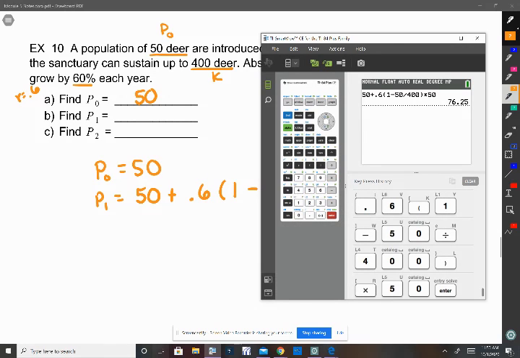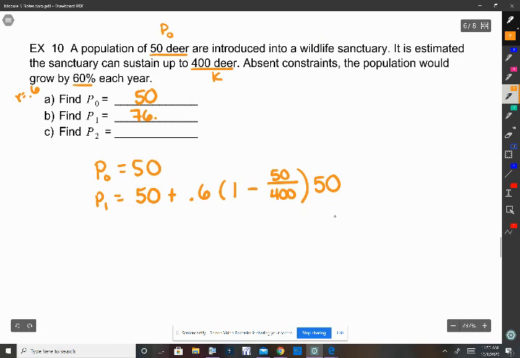So that means that you have 76.25. If you're talking about real animals, then you would say 76, because you can't have a fourth of an animal. But when you're calculating it into your calculator, you always use the decimal.